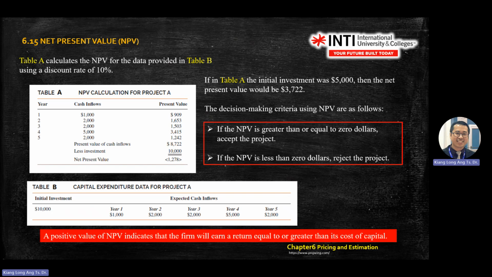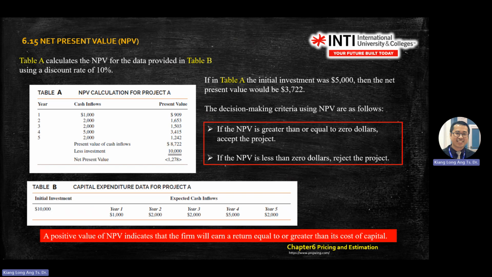Accept both projects, but you cannot go for both. Which one will you recommend? The answer is accept both projects. What is your recommendation? You recommend B, because B gives you a higher return. So that is the expected answer if the question asks you about NPV.